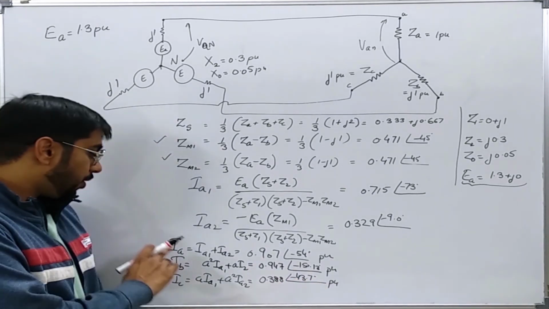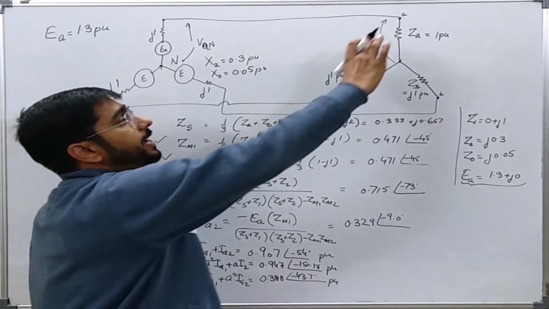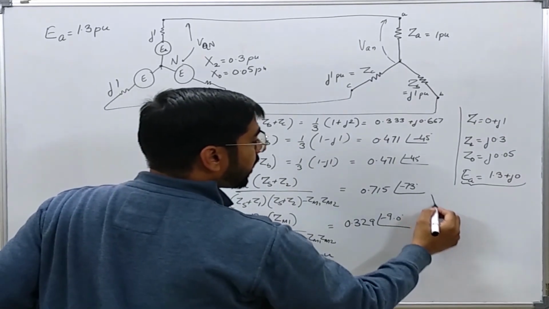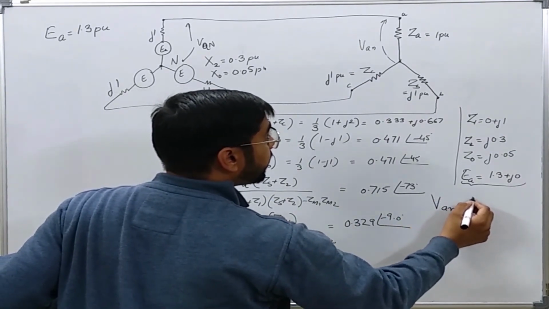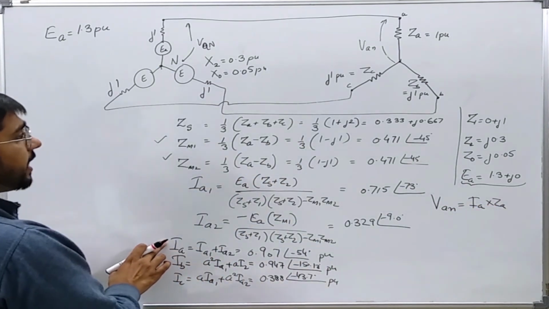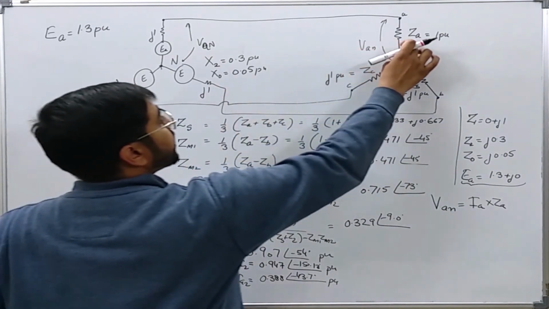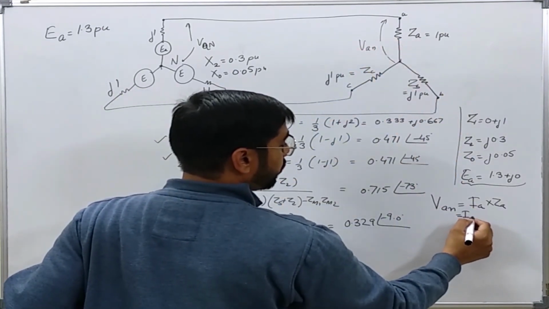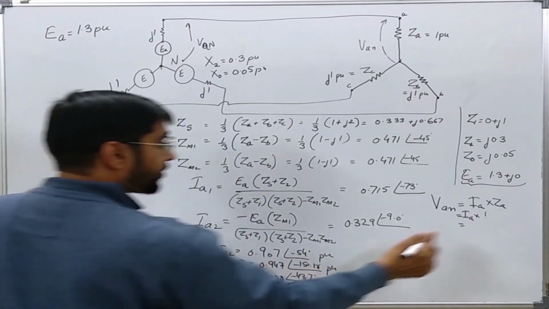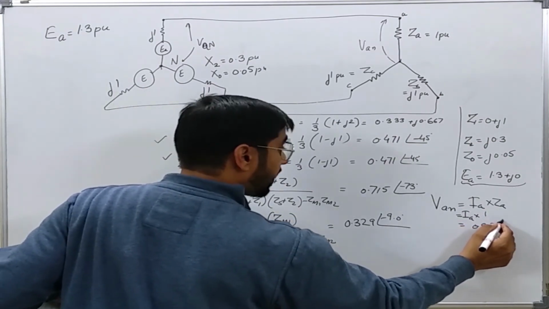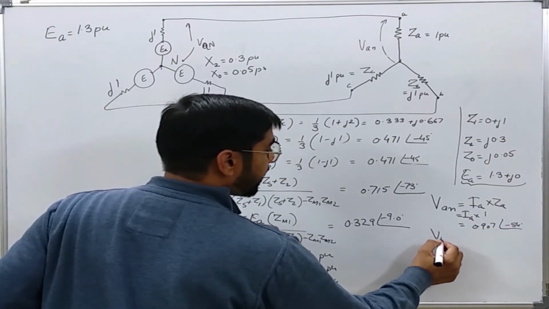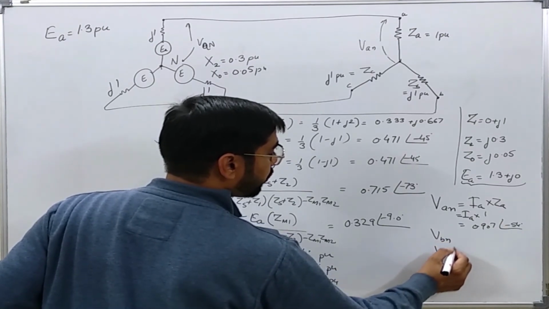Now I know the values of IA, IB, IC. Now I can find VAN, VBN and VCN. So VAN can be written directly as IA into ZA. This is IA and this is ZA. So IA into 1 per unit is equal to 0.907 angle minus 54 degrees per unit. Similarly, VBN can be found out, and VCN can also be found out.